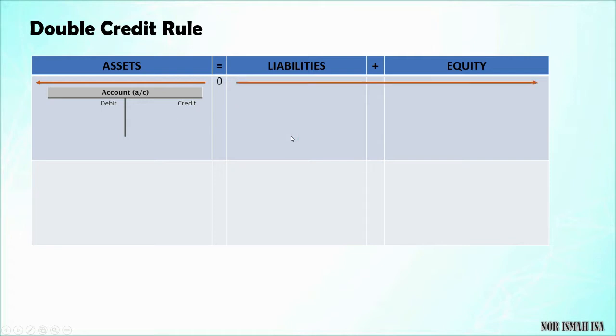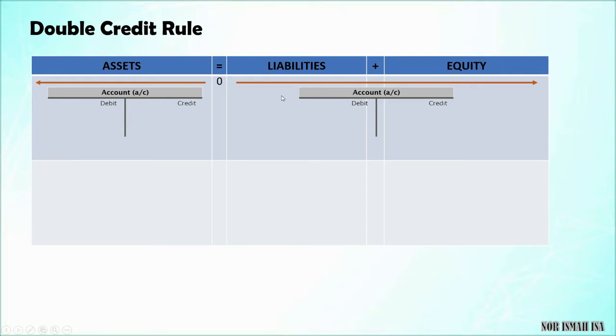As for liability and equity, when the arrow goes to the right side, the amount will be increasing. When it goes to the left side, the amount is decreasing.